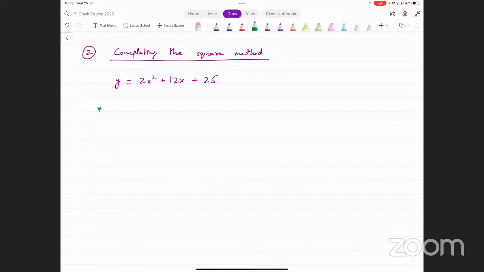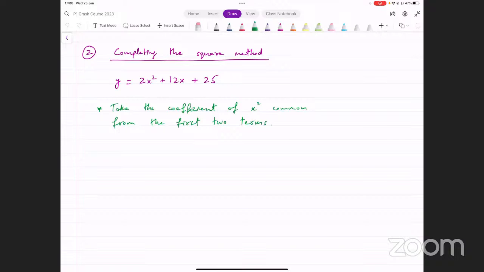The first thing that we're going to do is take the coefficient of x square common from the first two terms.